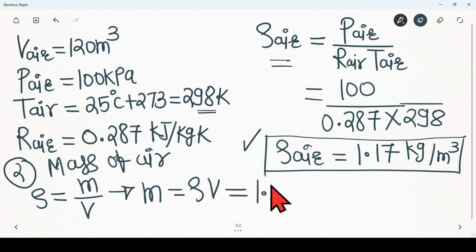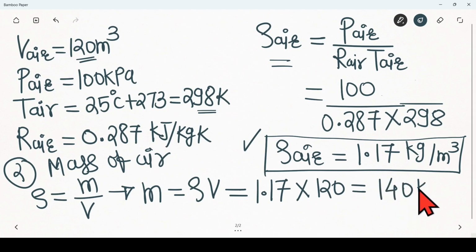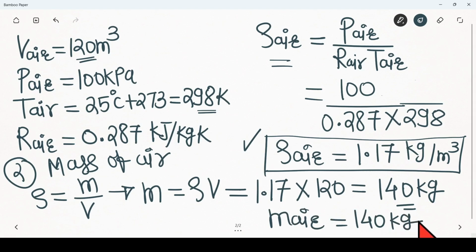It is equal to 1.17 multiplied by the volume of the air, 120 meter cube, and that is equal to 140 kg. So the mass of air inside the room is equal to 140 kg. So we have calculated the density of the air as well as the mass of the air inside the room.